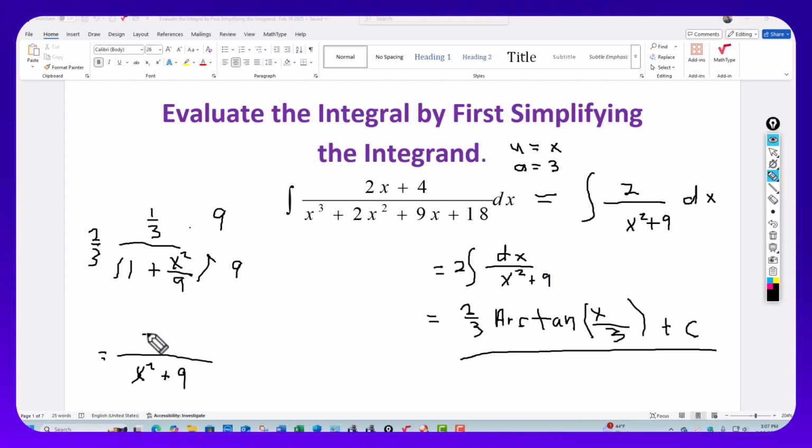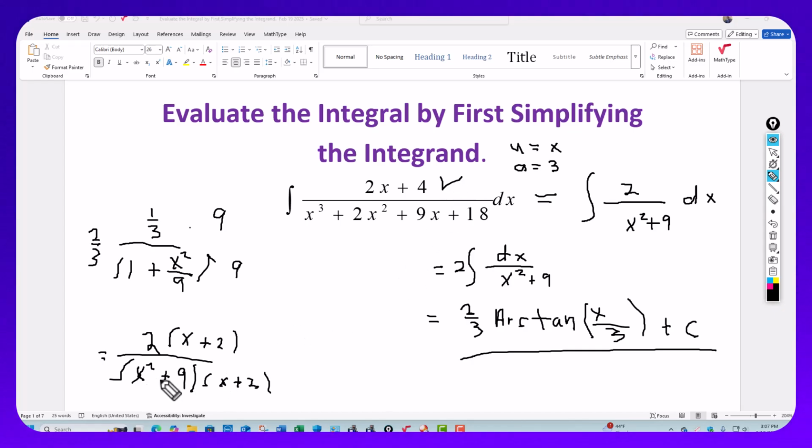I get a 2. And of course, you just have to remember what you did to simplify. What did we do? We canceled out an x plus 2. So multiply this by x plus 2 and multiply the denominator by x plus 2. And then multiply this out, I get 2x plus 4, which is this part right here.